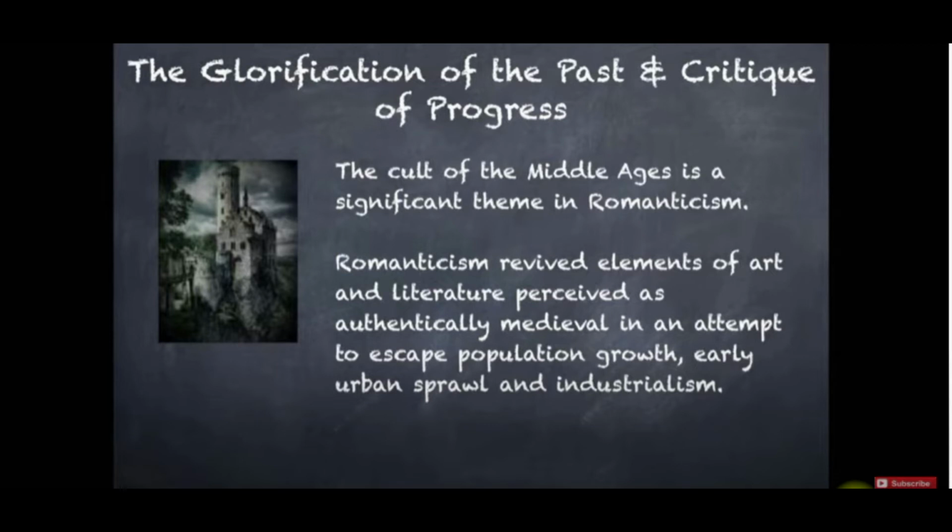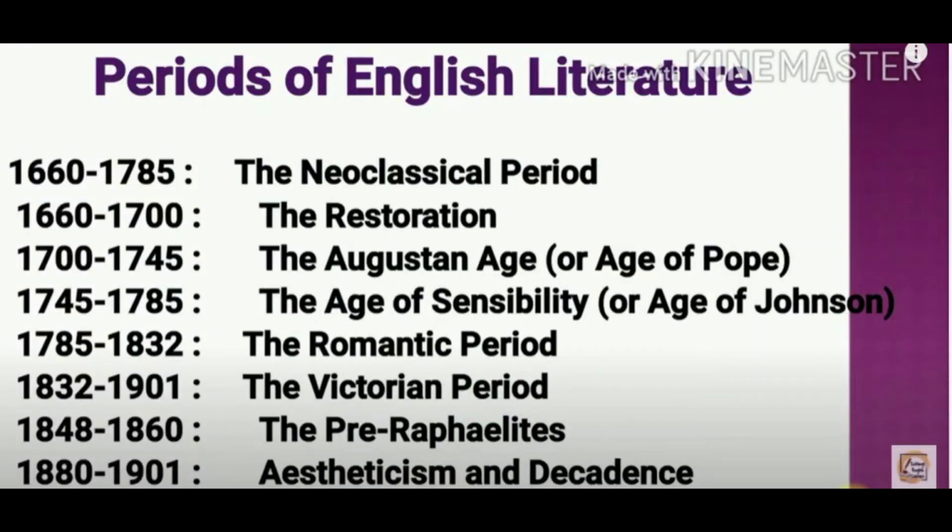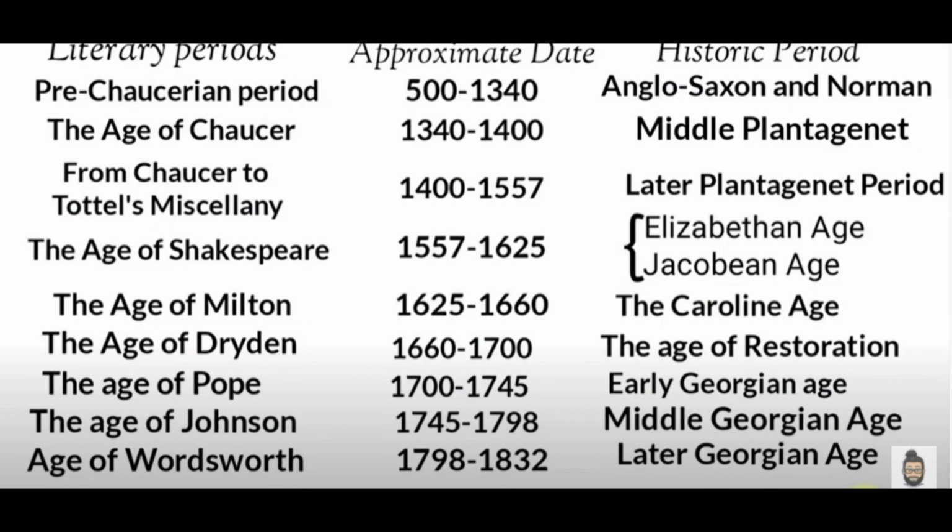The romanticist is on a ceaseless quest for absolute truth. As discussed, Romanticism was a movement away from the objective truths of science towards the subjective truths of art. In literary terms, these periods were named the Age of Johnson and the Age of Wordsworth.